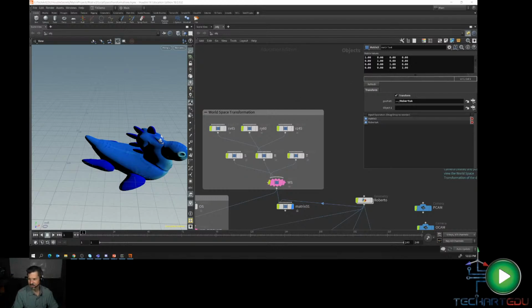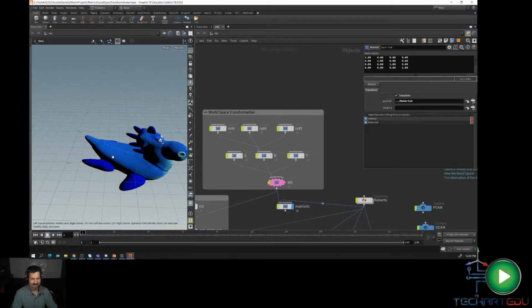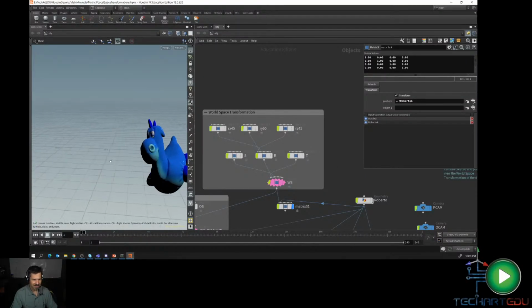What it's actually dealing with is the full transformation pipeline, and the full transformation pipeline is what we are going to be dealing with next week. So tune in next week, and we will go over the full transformation pipeline of the object, because what we see here is our Roberto is in 3D here.